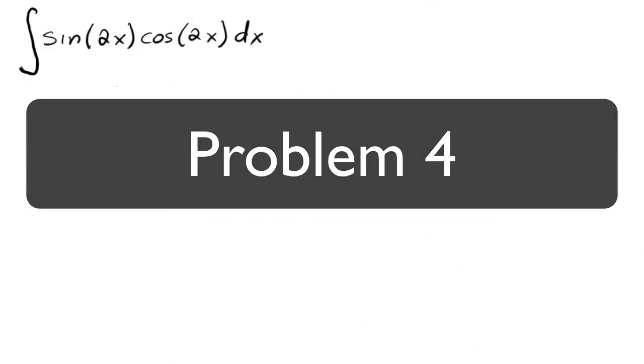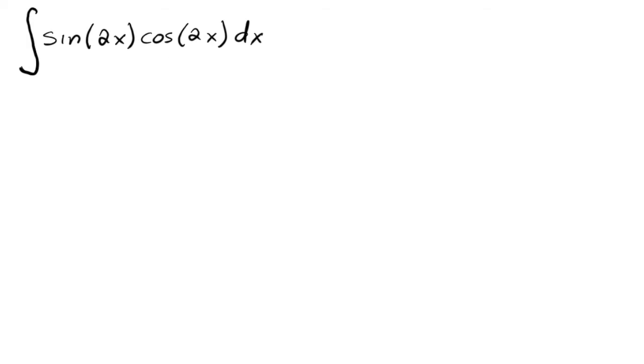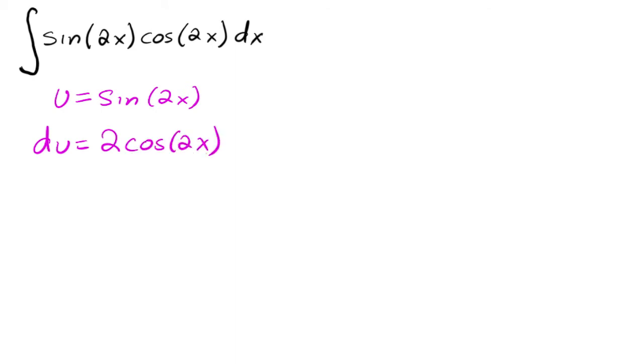All right, now on this one, you're thinking about what to do, and so you tell yourself, well, hey, the derivative of sine is just cosine, and notice that they have the same argument. And so if you let u be sine of 2x, for example, then du would just equal 2 cosine of 2x. And so then over here, all you have to do is put in a 2 and then a 1/2 on the outside.